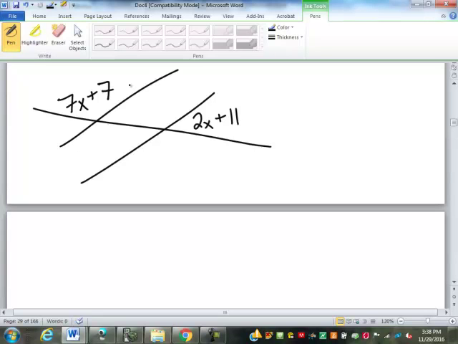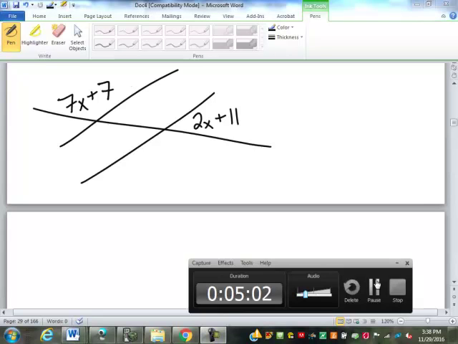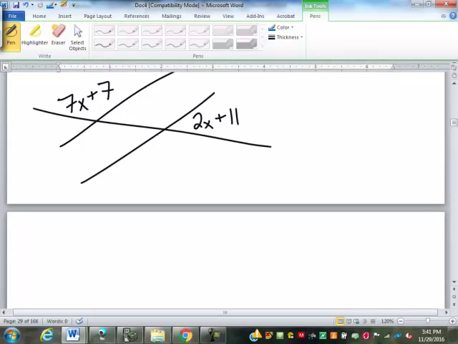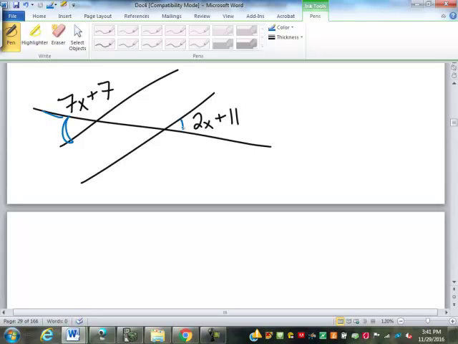See if you can find each of those angles for me quick. So what's the relationship between these two? Are they equal? They're not in this case, no. This one would be equal with this one. These two have to be supplements. They have to add up to 180. So 7x plus 7 plus 2x plus 11 equals 180.